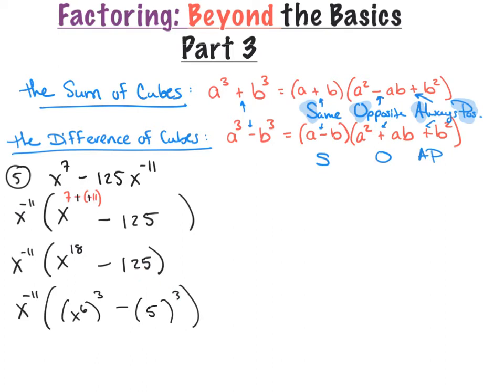That's 5. So our A is x to the 6th and our B is 5. So when we write the factoring, don't forget your x to the negative 11, but we're going to have difference of cubes here. A minus B times a squared plus ab plus b squared.